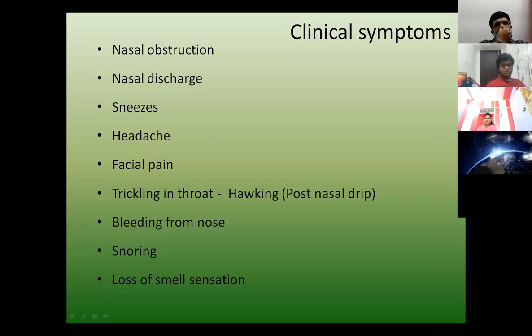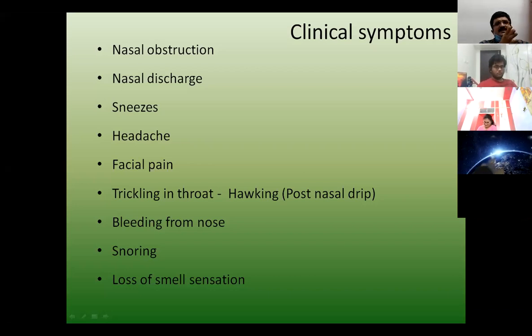These are your nasal vestibules. This is the opening. Whenever you are taking a case, you will see in the midline the nasal septum. You are supposed to see the nasal cavity, the mucosa of the nose, and the turbinates in the lateral wall of the nose.